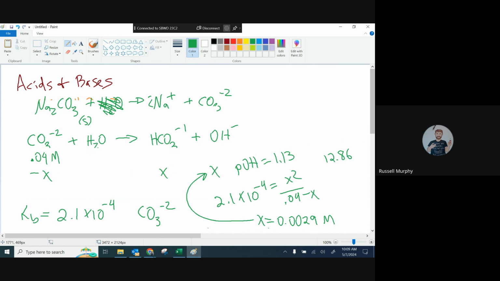So I kind of like the idea that you can add a solid to water and create a basic solution, because that is a pretty strong conjugate base. Not a strong conjugate base, but a pretty strong conjugate base.